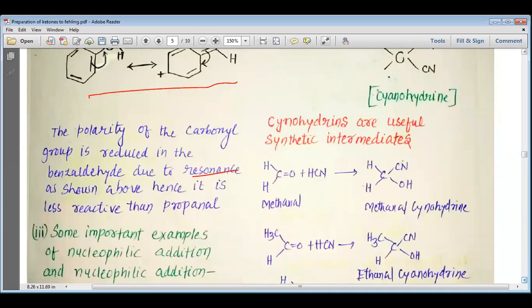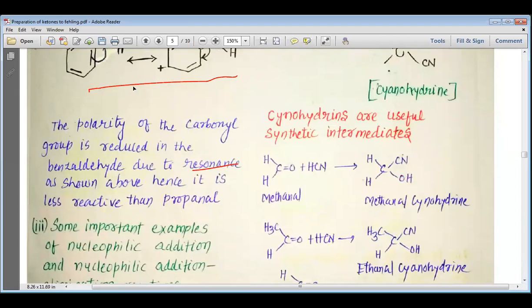So, my dear students, as compared to the propanol, propanol is this. CH3, CH2, CHO is a propanol. So propanol has C double bond O. One side it has H, another side it has CH3, CH2.